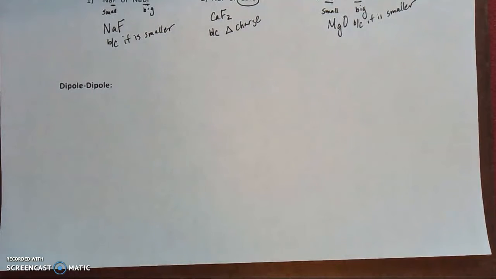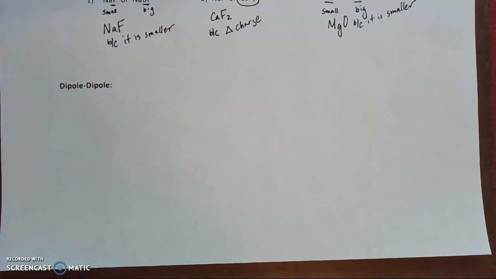IMFs. So with this, we're going to see that ion-ion covered ionic compounds: cation, anion, metal, nonmetal. The last three different types of intermolecular forces we're going to cover are on covalent molecules. So covalent, we're talking about things like water, carbon dioxide, ammonia.